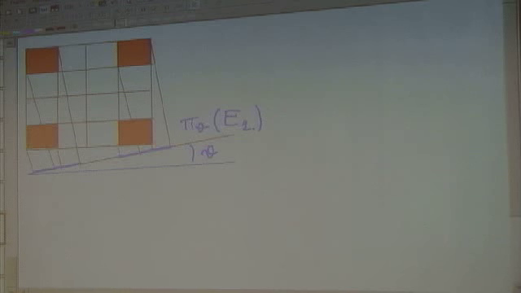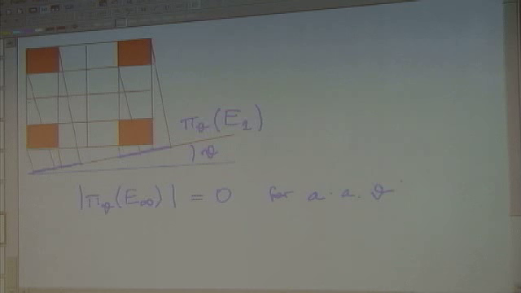Now, one of the consequences of the fact that I mentioned on the previous slide is that pi theta of the Cantor set E infinity you get in the limit has one-dimensional measure 0 for almost all theta. And I'm going to come back to that statement a little bit later.